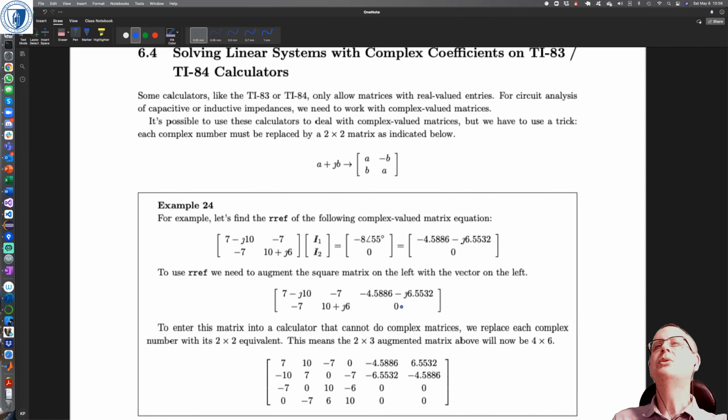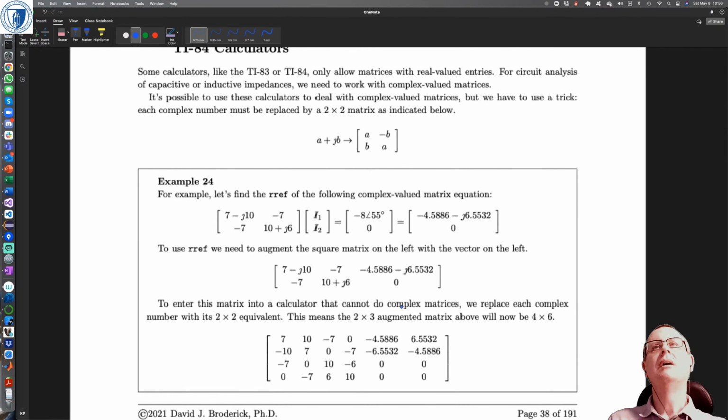You can still solve the problem. It just makes the problem a little bigger, because you have to replace every complex, and in fact non-complex, number with a 2x2 matrix of that form. So a, the real part of the number, on the major diagonal, and then the b is on the off diagonal, and in the top right element the b is negated.